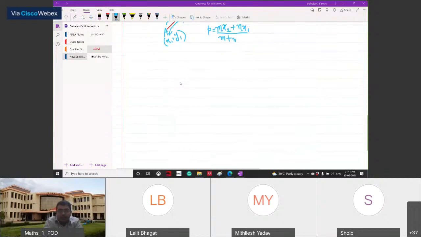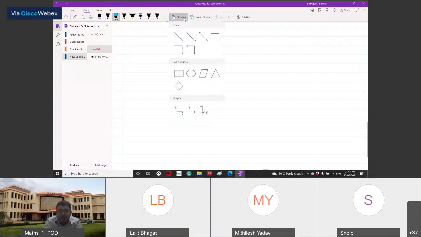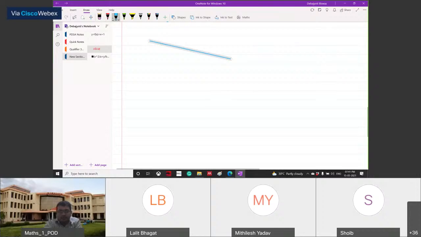Okay. Now, if you see another line, let's take a different color, black, and we have another point here. So we imagine that this point is on this line only.